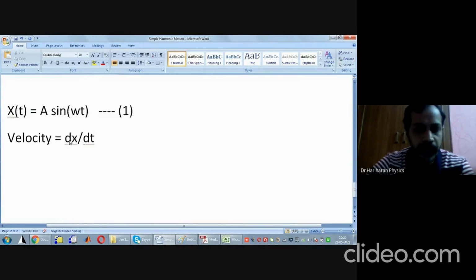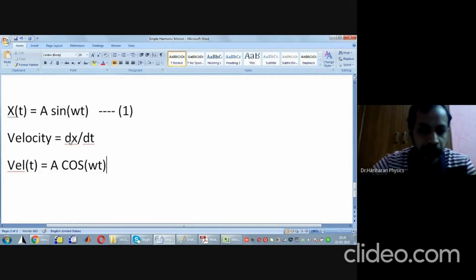If you differentiate equation 1, what you are going to get is velocity as a function of time. This will be equal to A into what is d by dt of sine theta? Cos theta, correct? So it's going to be cos of omega t. And what is d by dt of omega t?